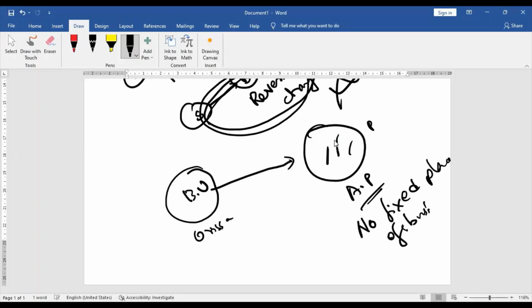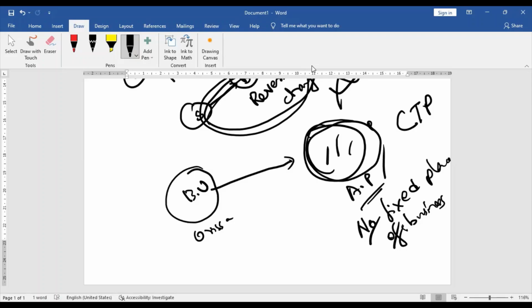What do you mean by fixed place of business? It means I have a rented shop or a godown, something from which I can execute my business activity. So in this case, this business unit needs to register as a casual taxable person to execute this business activity in Andhra Pradesh. This is the definition of casual taxable person.